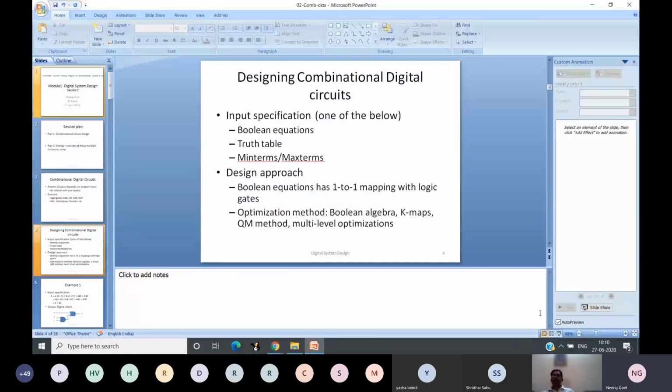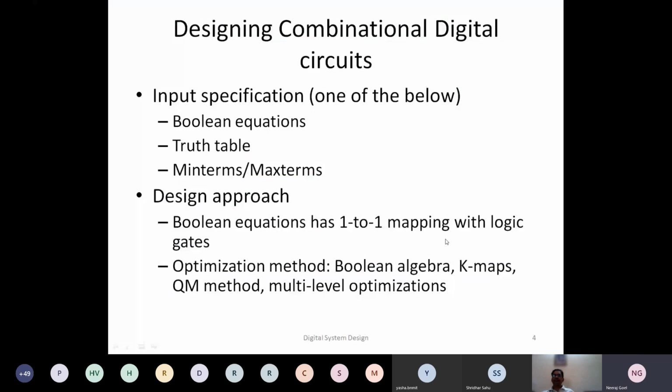Okay, so now how do we take it from there? Somebody will give you a Boolean equation or a truth table or min terms or max terms. Then after that, what you typically do is you will try to optimize it using Boolean algebra, K-maps, Quine-McCluskey method, or multi-level logic optimization. I'll repeat all these four names.